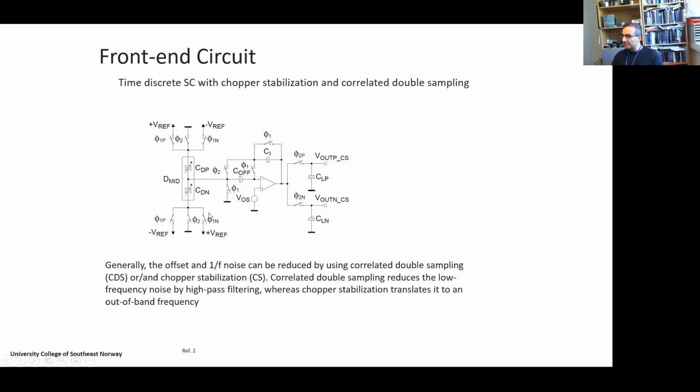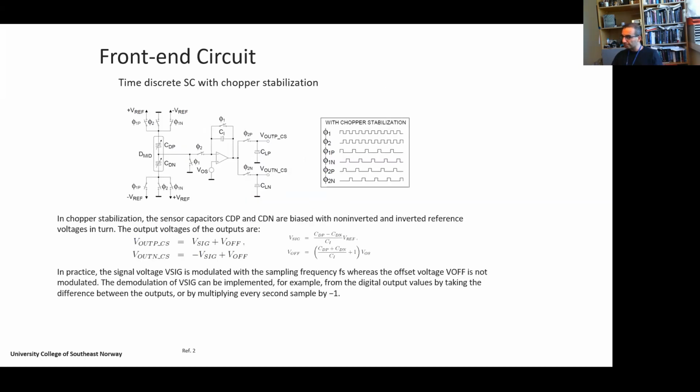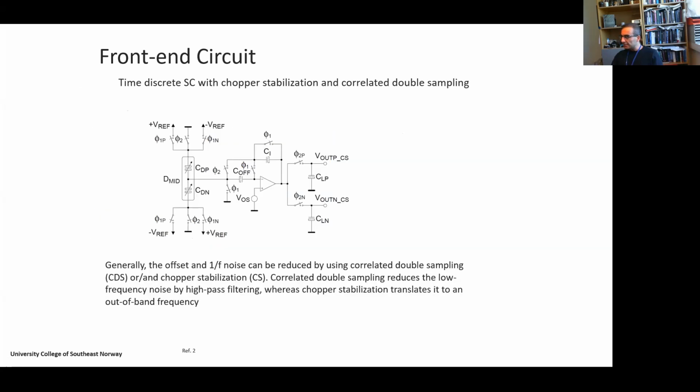As you see, the system becomes a little bit complicated, and this is the cost of using these kinds of techniques, because you need clock signals which are non-overlapping. So how to achieve non-overlapping clocks? You need circuits which create these non-overlapping clocks, and these circuits consume power and area on chip.